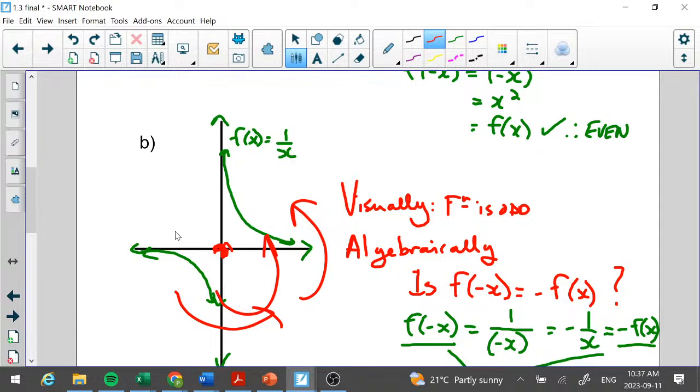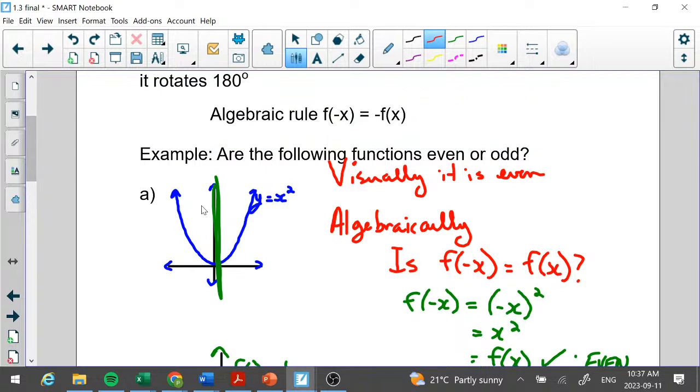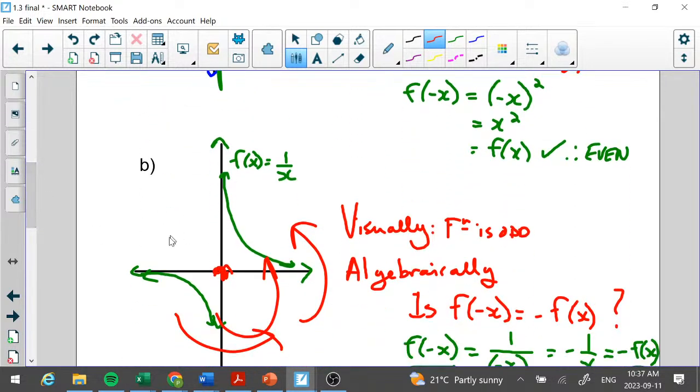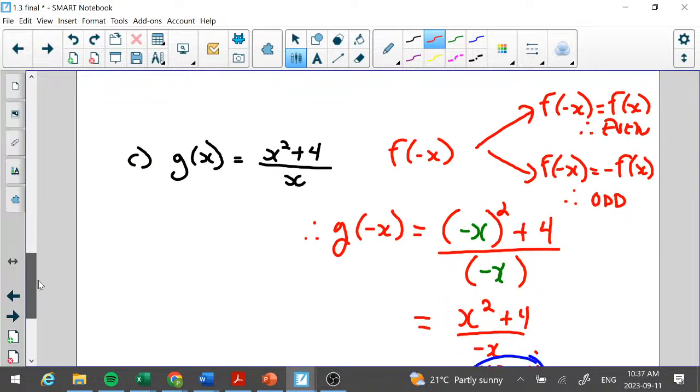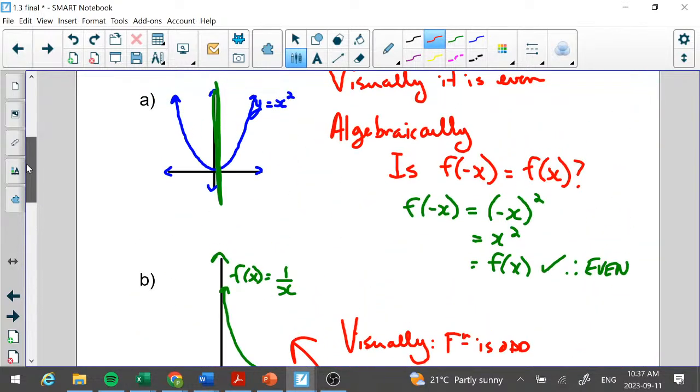Okay? So those are two types of symmetry. Even symmetry, it's an even function, and this one is an odd function. We good? And I'm going to show you some tests so that you can tell whether or not a function is even or odd. If I give you the graph, can you tell whether it's even or odd or neither?